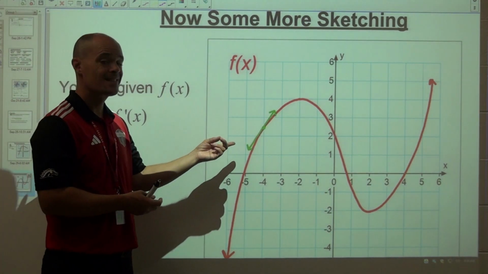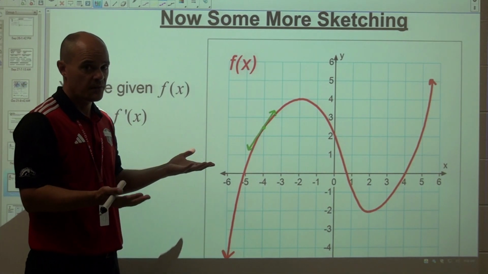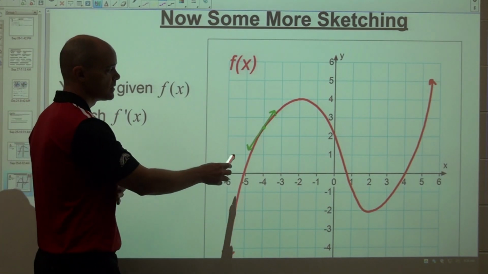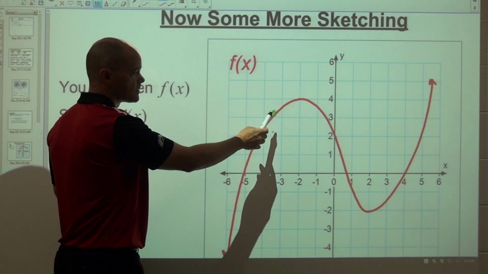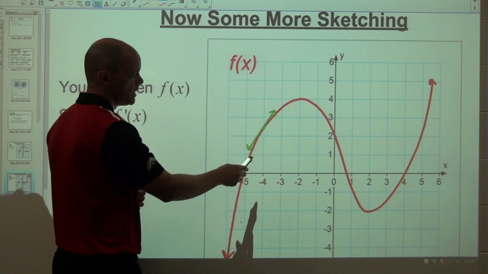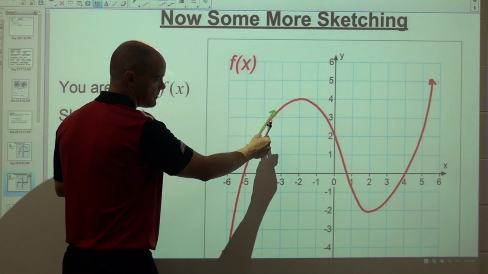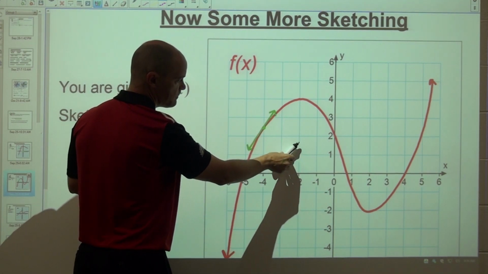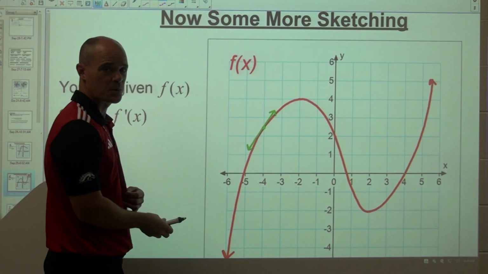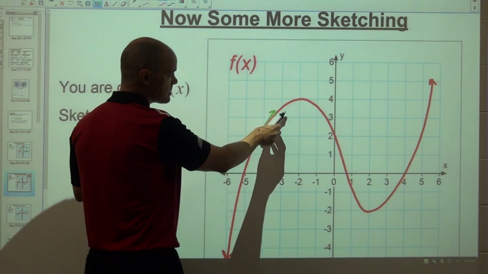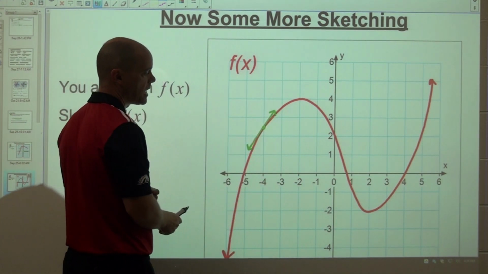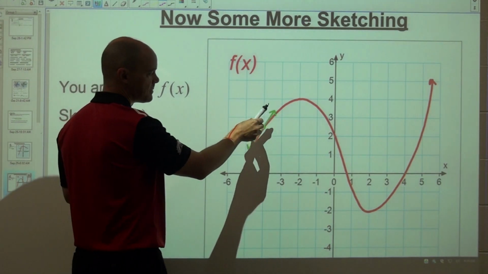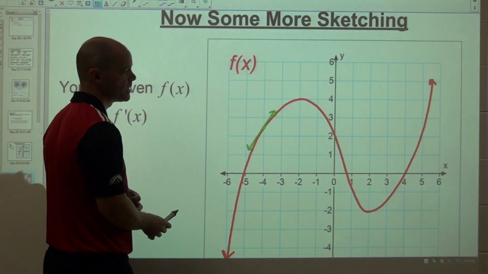About how steep is that line? You have to kind of estimate this. It's obviously going up and to the right, so it has a positive slope. And here to here, if I connected the corners of any of these grids, that would be a slope of 1. And it looks like that's pretty close to 1. It might be just a little bit steeper than +1. But this definitely has a positive slope close to or slightly above 1.